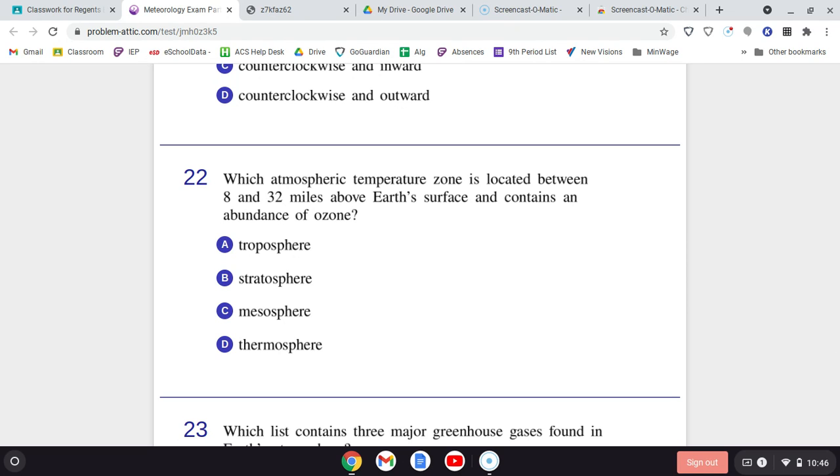So we see the miles there, right? That first block is 25 miles. So we can definitely get rid of D, and we can get rid of C. So it's either A or B. And it says an abundance of ozone. So it's either the troposphere or the stratosphere.